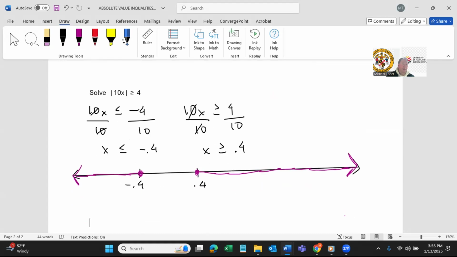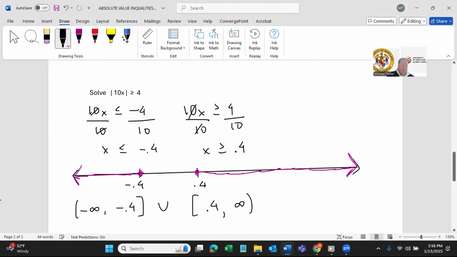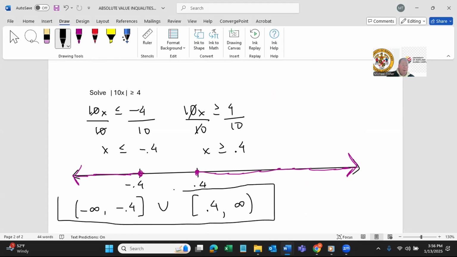Okay, then to get interval notation, we always go from left to right. So going from left to right, it's going to be shaded forever in the negative infinity direction. So parentheses, the infinity, all the way until negative 0.4. And included, so it's a bracket, union, and then we'll include the 0.4 there, bracket, comma, infinity. And that's the answer right there.